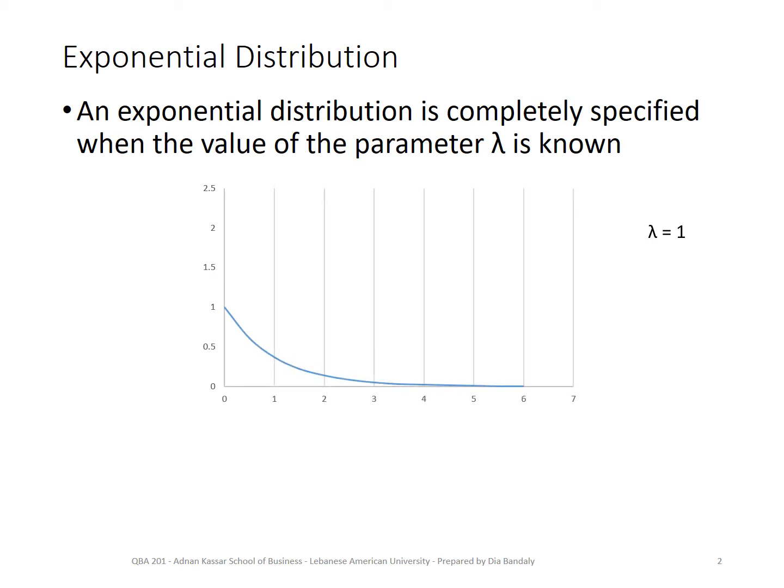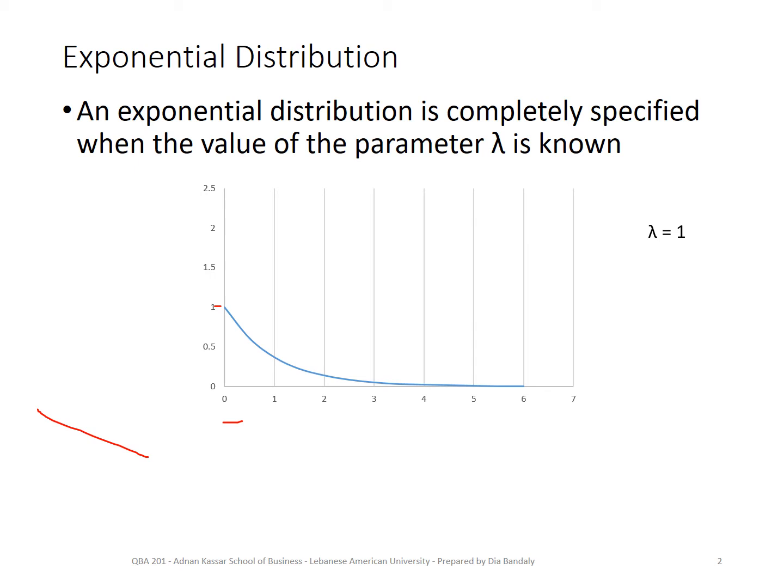And this is why it's called the exponential distribution, because it starts high at the smaller values of x, and it decreases exponentially, meaning quickly, not linearly. It does not go like that, it's exponential.